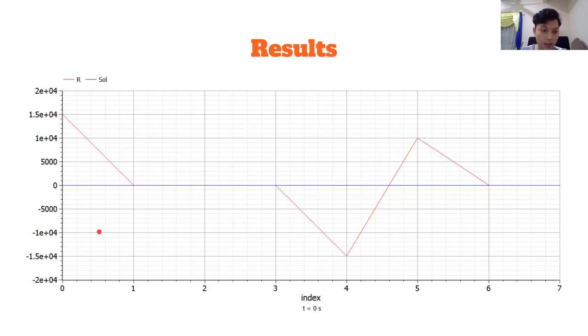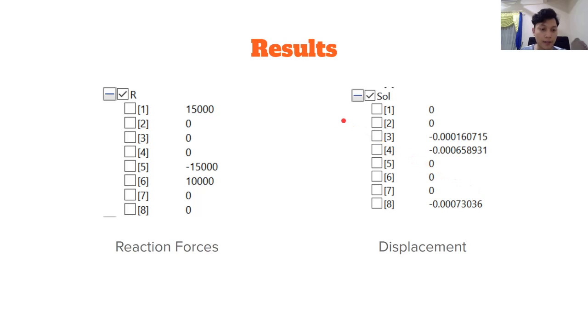So here are the results. It is the graph of reaction forces described with a red line, and the graph of displacement described with a blue line. And here are the results of the reaction forces and the displacement.